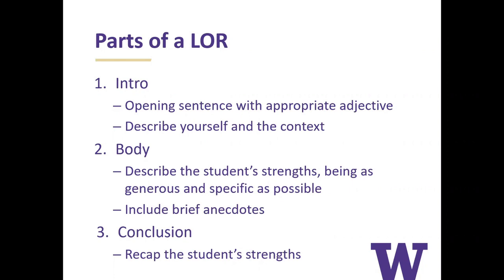And it's really helpful to include some brief anecdotes, not like the long stories that the students put in their personal statement, but just a sentence. He did this thing with the patient. She did this thing with the team. And then a conclusion. A lot of people will skim the letter and look for certain words in the conclusion, so then recapping their strengths in the conclusion.